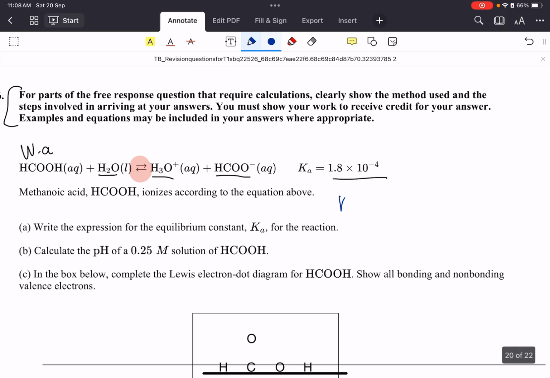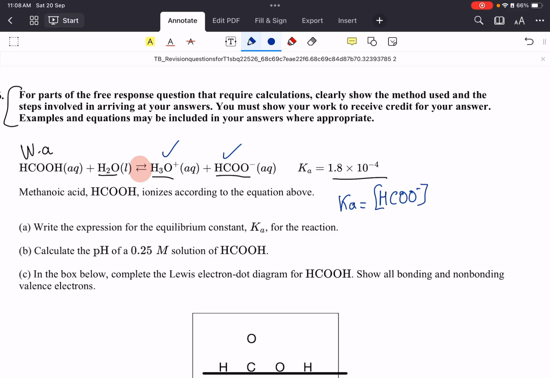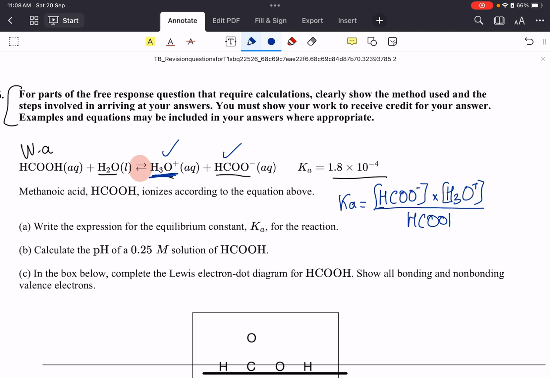Simply, Ka is the concentration of the conjugate base of methanoic acid multiplied by H3O plus, or H plus if you want, but you can write H3O plus because it's indicated like that in the formula, over HCOOH. That's it. That's A.